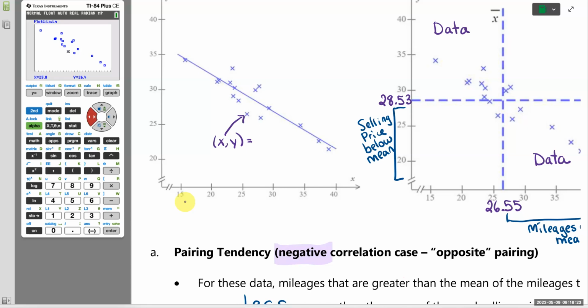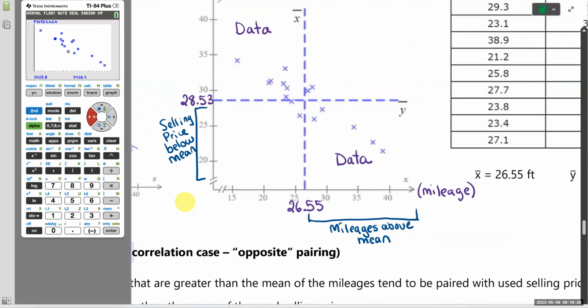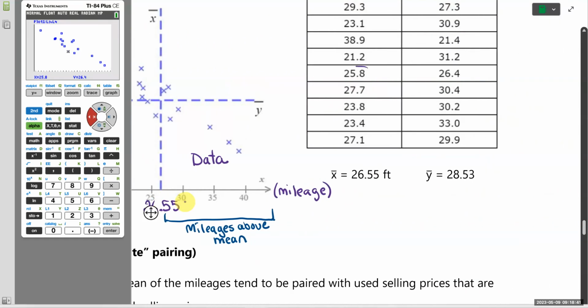So for that car that had 25.8 thousand miles on it, if we look at the table, you'll see that that sold for $26.4 thousand. So I'm just going to slide over for a second. So this is what I observed in the data.